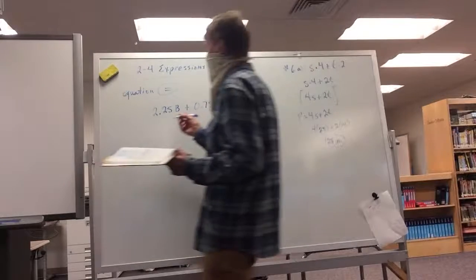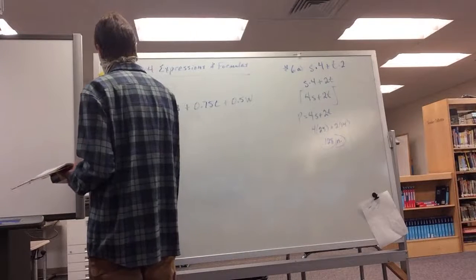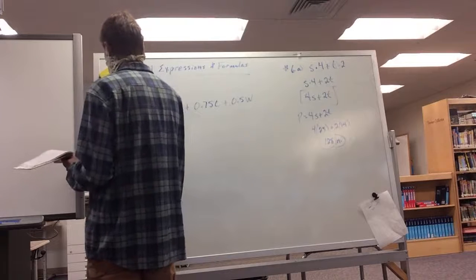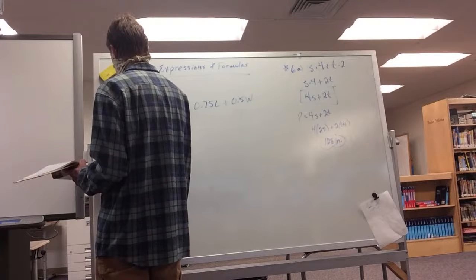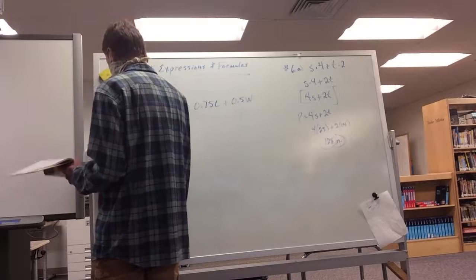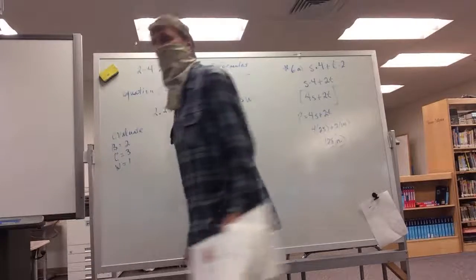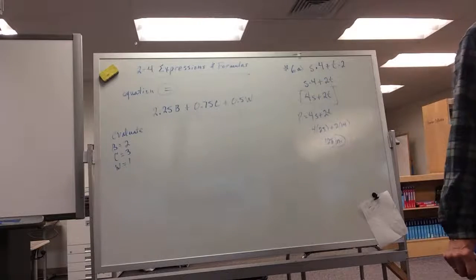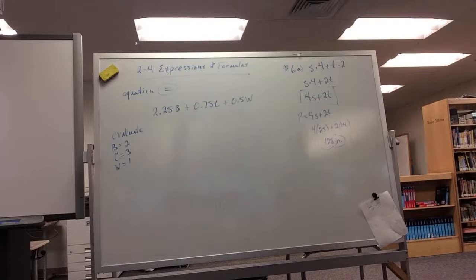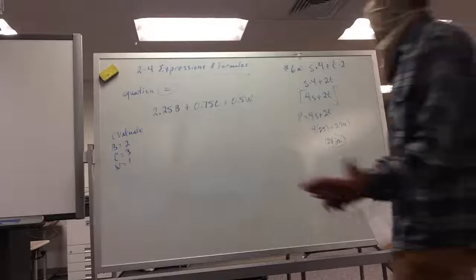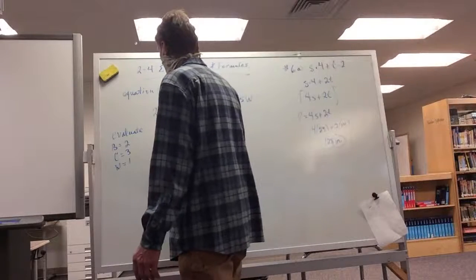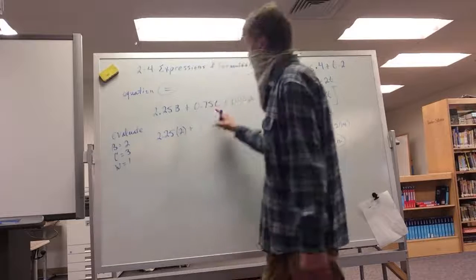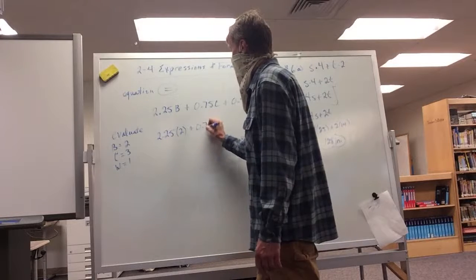So what they would like us to do is evaluate when B is equal to 2, C is 3, and W is 1. So this is really no different than what we did in the last lesson, is it? All we have to do is put in 2.25 times 2, substitute the 3 in the place, and rewrite this.